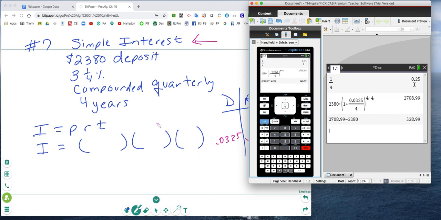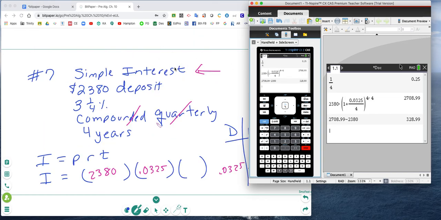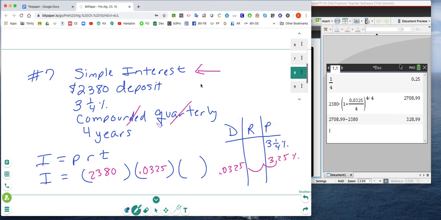So our principal stays the same, 2380. Our rate is 0.0325. Now notice that I don't have to use the compounded quarterly because this is simple interest. So we don't use that part, but we do use the 4 years.